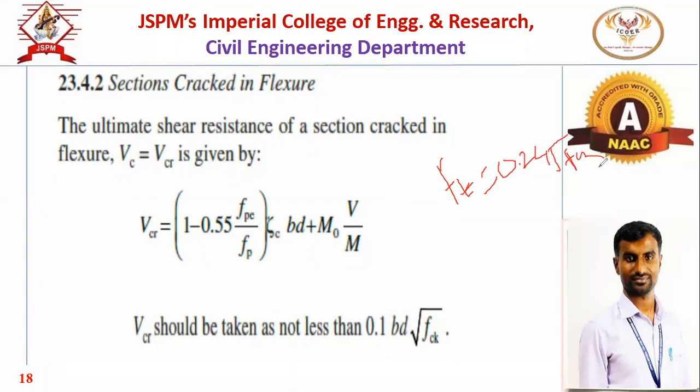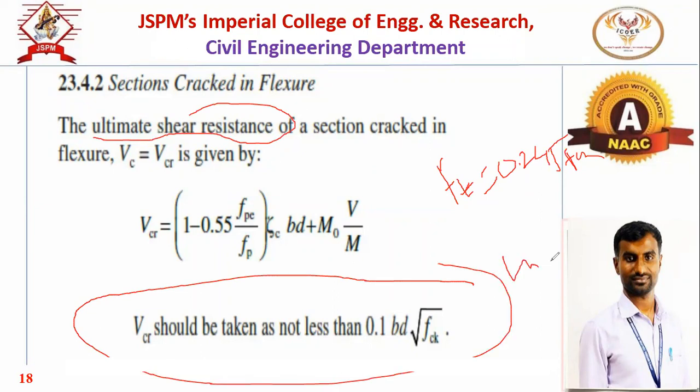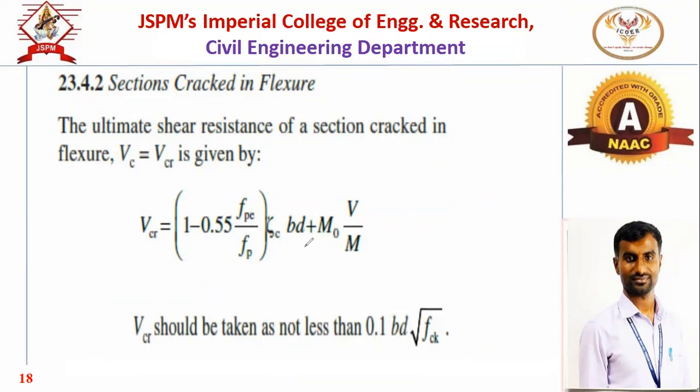And here, for a cracked section in flexure, the critical shear resistance should not be less than 0.1 BD root of FCK. So this is the clause which is important from your MCQ point of view. Okay, and each and every term you have to understand.